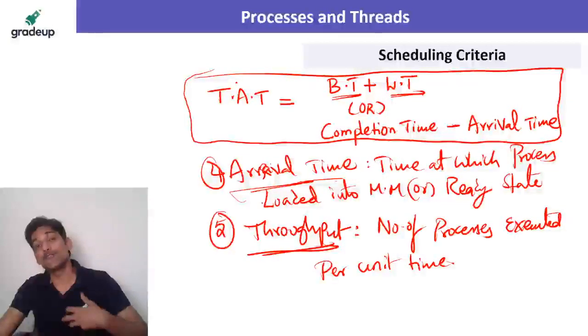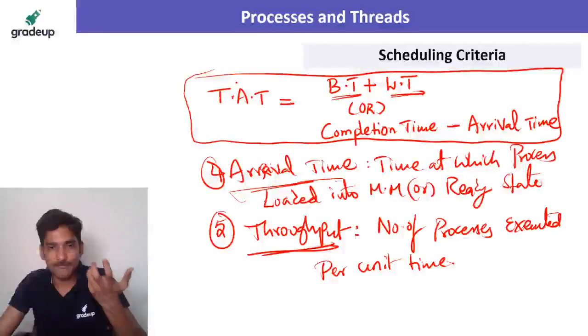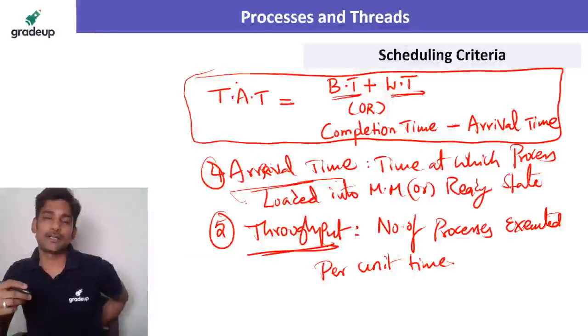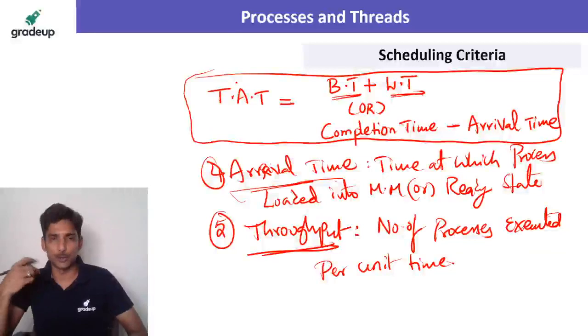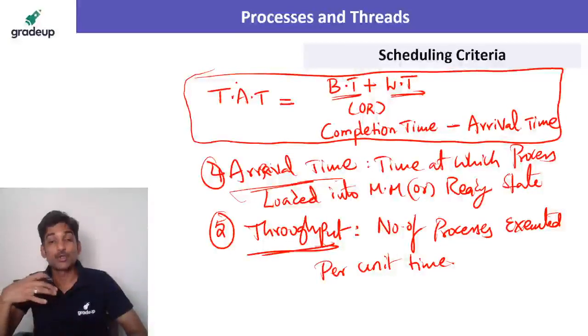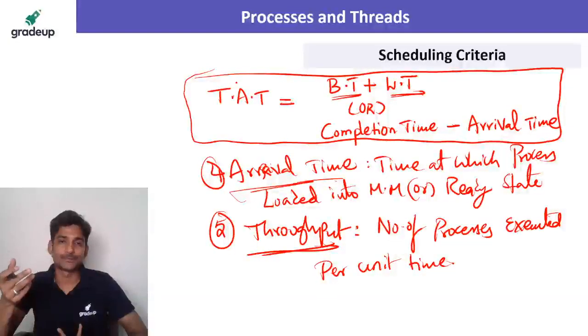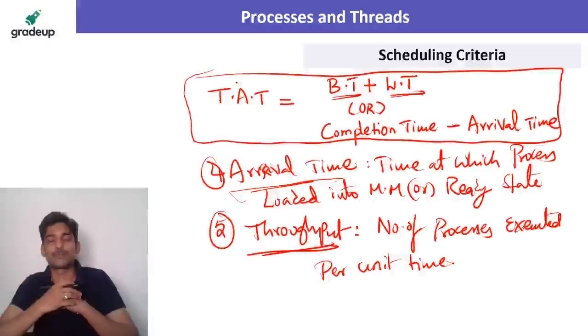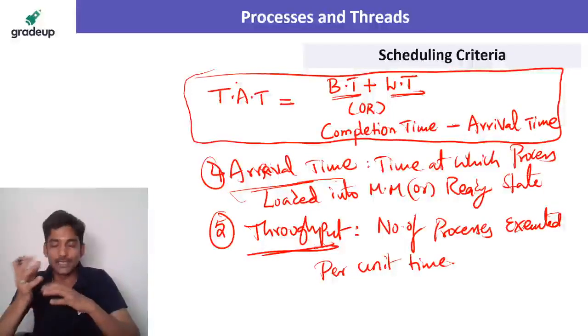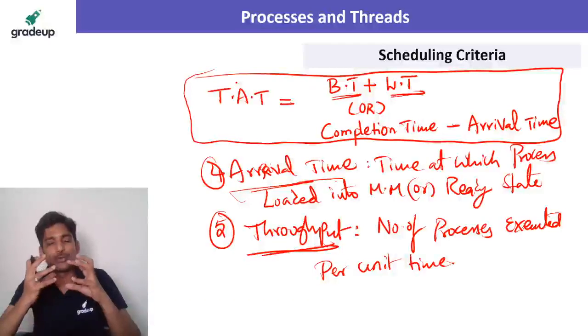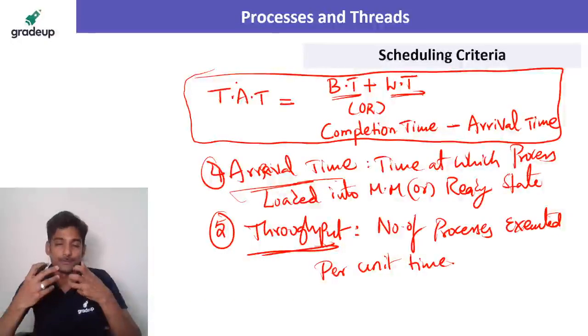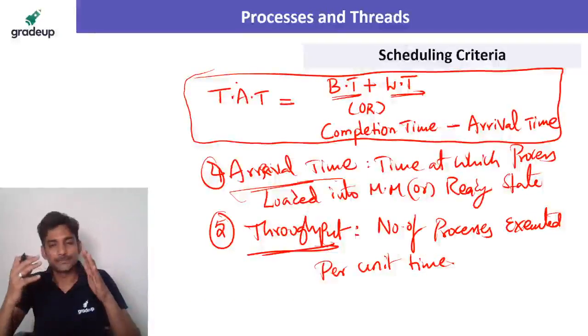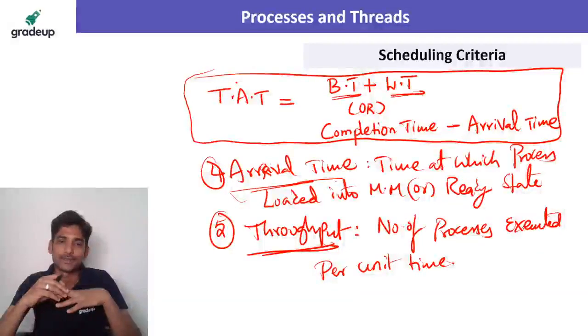So by allowing which process first, or in which order the processes are allowed, throughput is more. In that order, scheduling may happen.